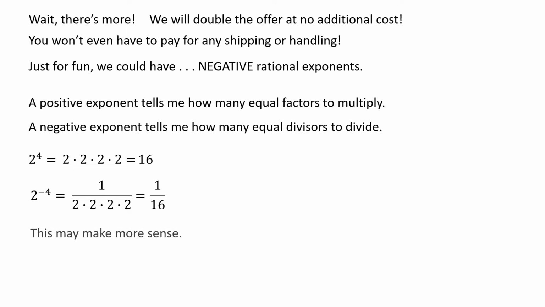Another way we can think about this is we're like, hey, if I got 2 to the negative 4 power, and I'm not comfortable dealing with that negative exponent, I can make that negative go away real quick. I can put 2 to the 4th power in the denominator of a fraction. Right? I've got 1 over 2 to the 4th power. And now, instead of trying to think about dividing by 2 4 times, I'm like, hey, 2 to the 4th power, I know how to do that.